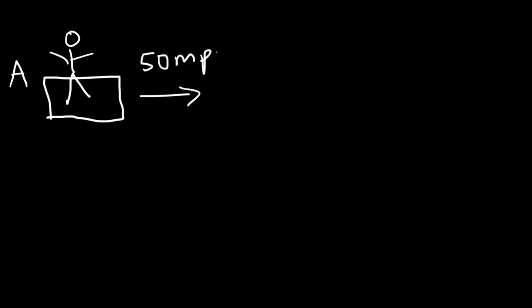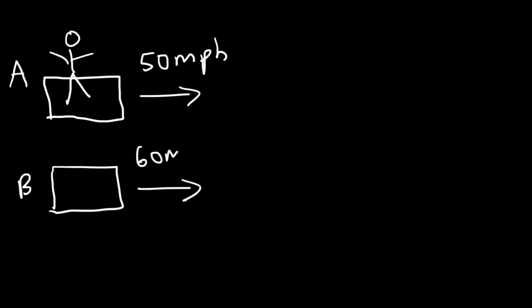So let's say this is a train or a train cart, and there's a person inside it. Let's call this person A. And the train is moving at 50 miles per hour with respect to the Earth. And there's another train, train B, that's moving at 60 miles per hour.